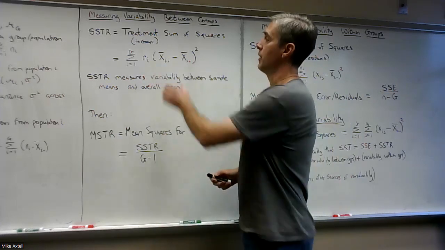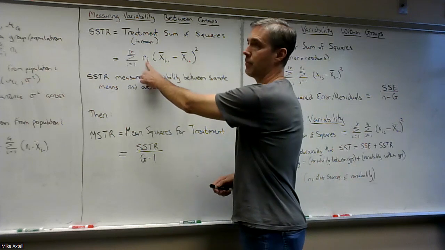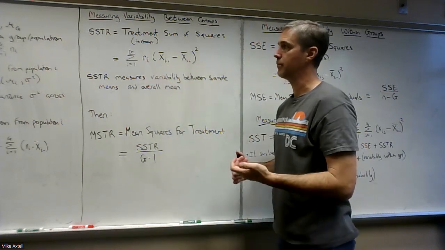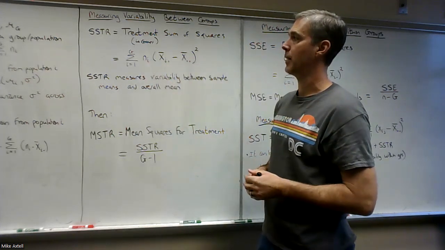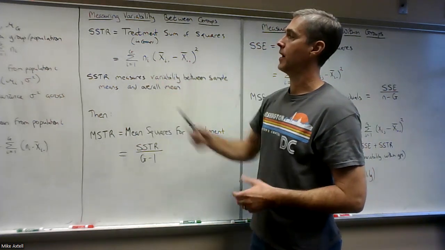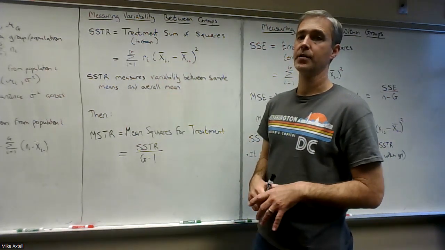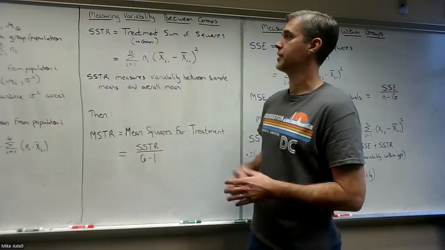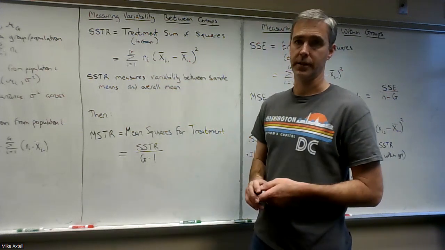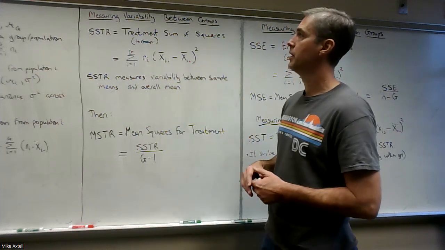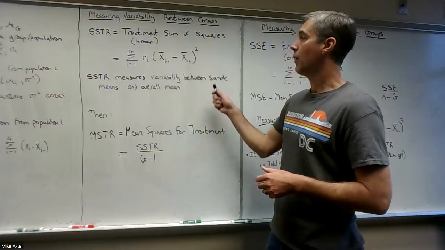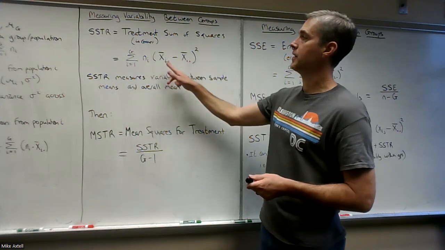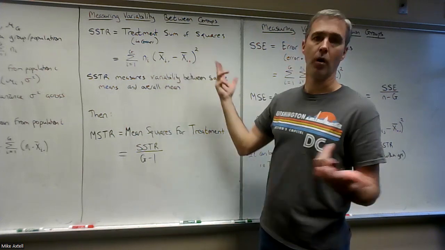We multiply this squared distance by the number of data points in sample i, and then add that up over all the groups. So that's one squared difference of means for each element in the data set. SSTR measures how much these sample means differ from the overall mean.